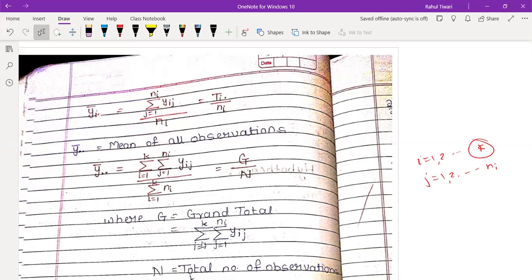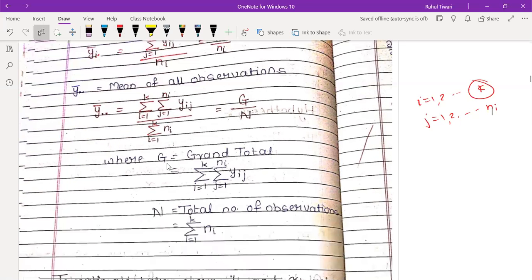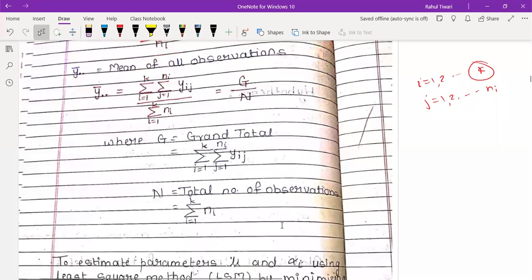And when you talk about grand total, how will you get it? It is the double summation over i and j of Yij upon capital N. Capital N means the summation of your ni. So this is called grand total. N is the total number of observations.